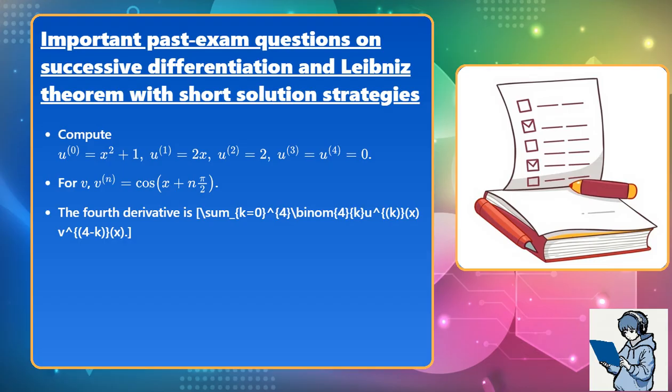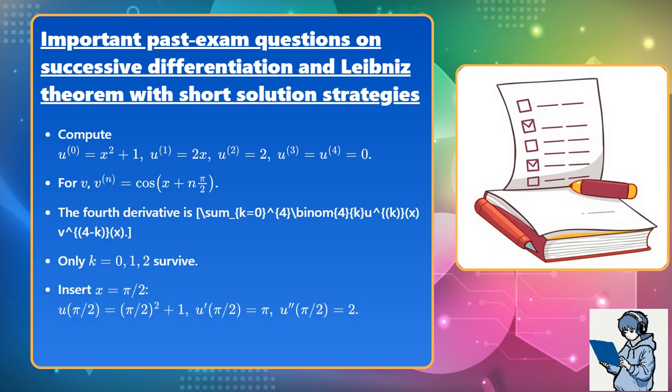The 4th derivative is sum from k equals 0 to 4 of combination 4 choose k times u superscript k of x times v superscript 4 minus k of x. Only k equals 0, 1, 2 survive. Insert x equals pi over 2. U of pi over 2 equals (pi over 2) squared plus 1. U prime of pi over 2 equals pi.